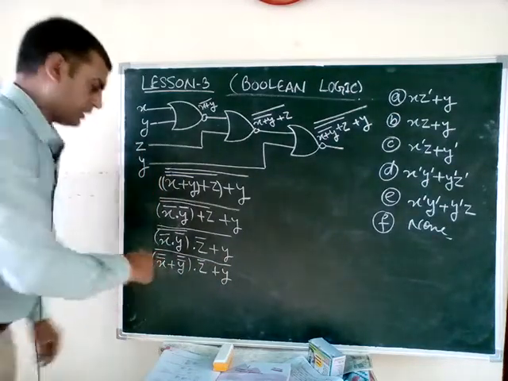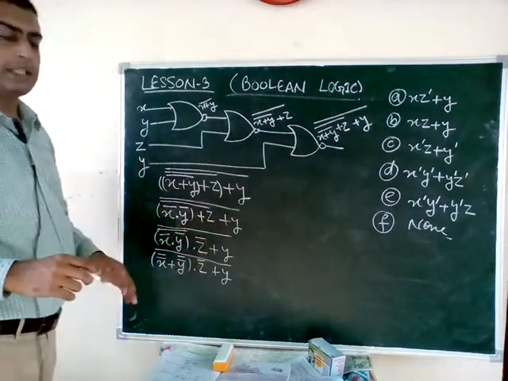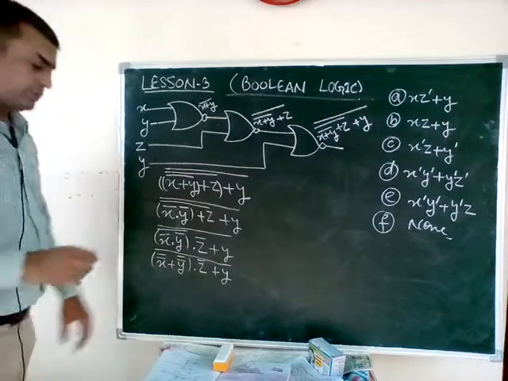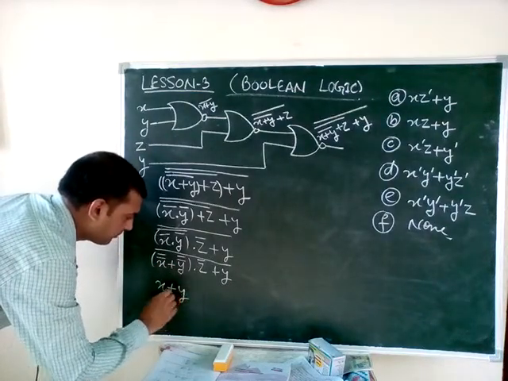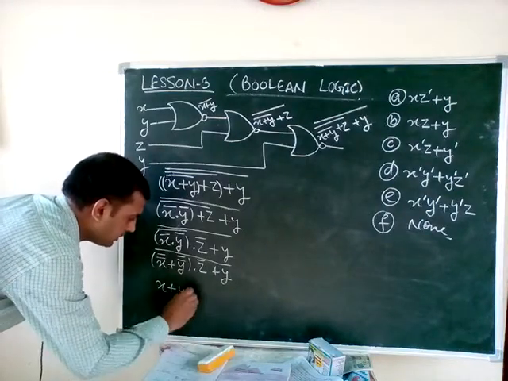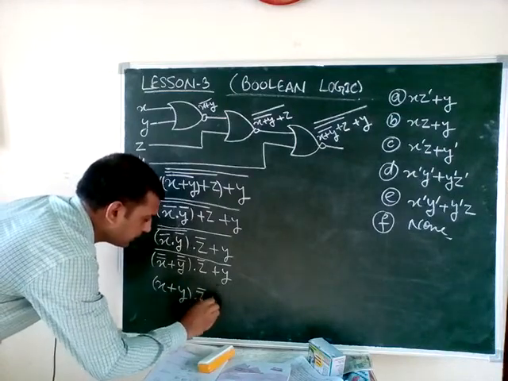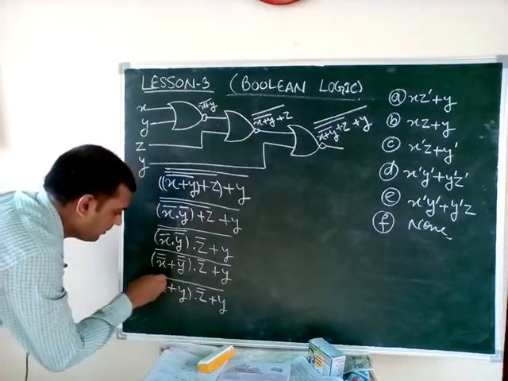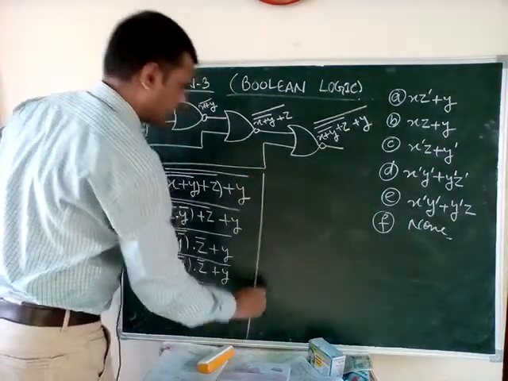Now you can solve it. If two bars are present, then the bar will be removed. So it is x plus y into z bar plus y whole bar. I am solving it here.